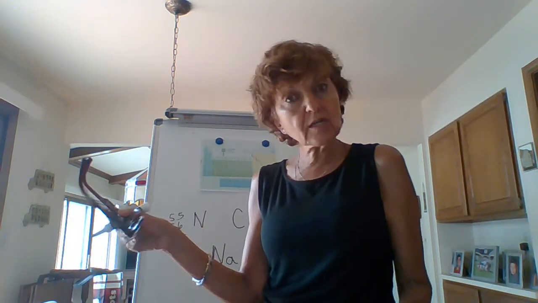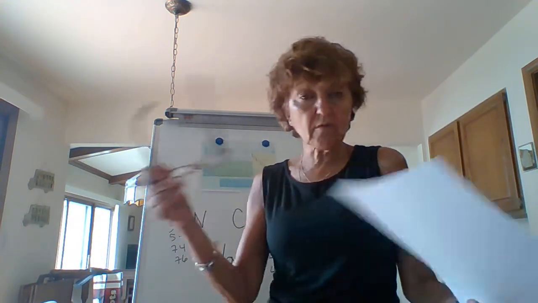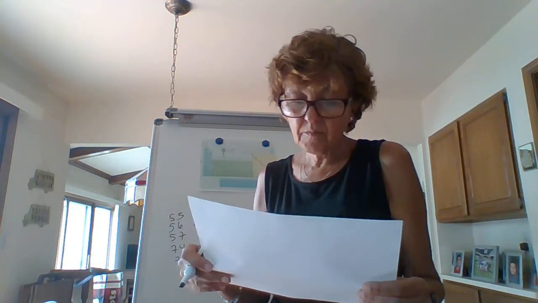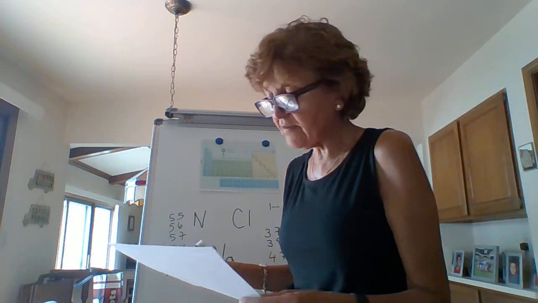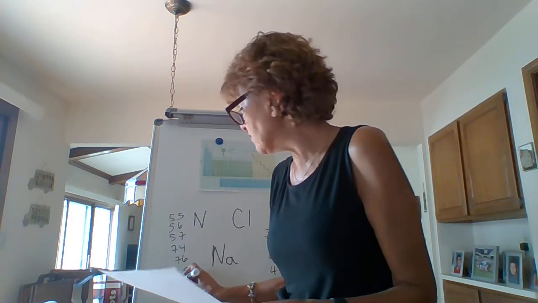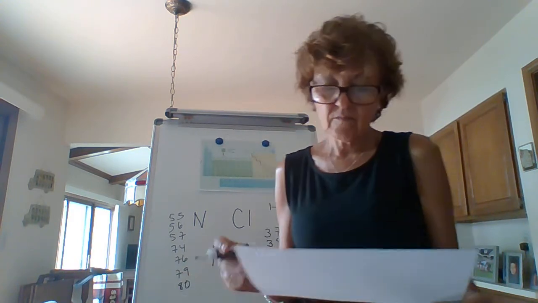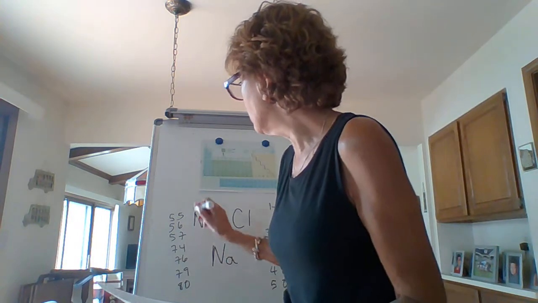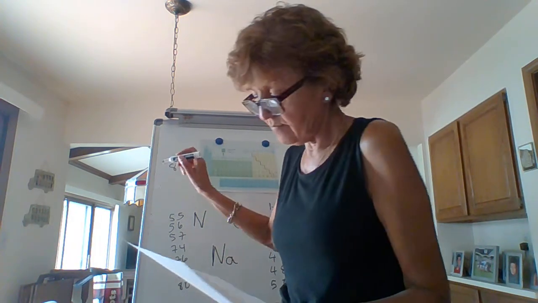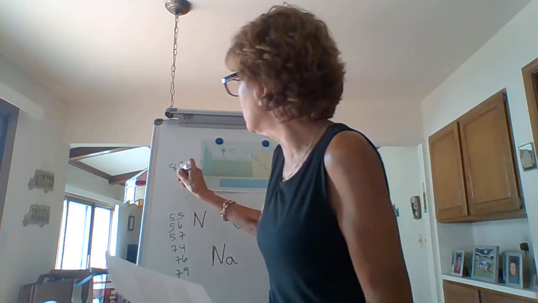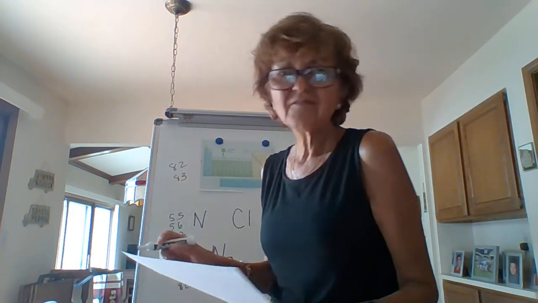Or if I write osmium, you should know that OS is the symbol for osmium. Okay. Gold is 79 and mercury is 80. Lead is 82, and bismuth is 83. Feels overwhelming.